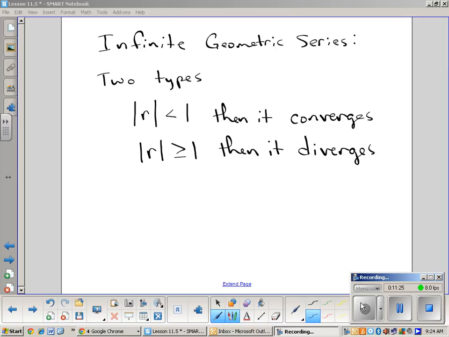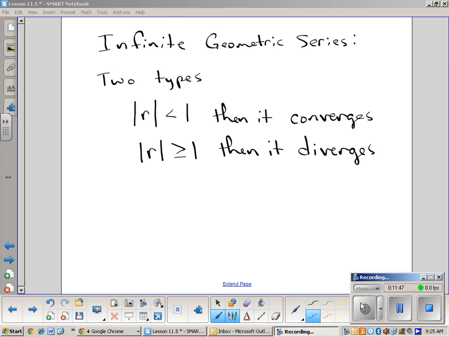In an infinite geometric series, there's two types. When the absolute value of the ratio is less than 1, then it converges. Converges means it approaches a number. When it's greater than or equal to 1, that means it diverges.